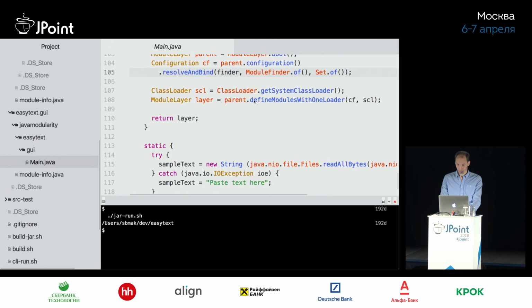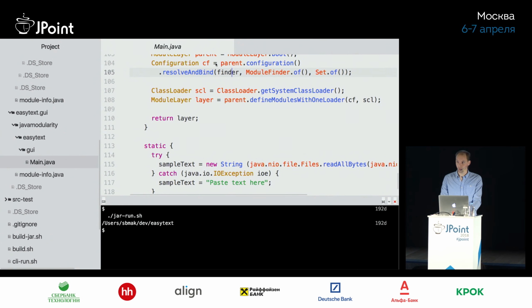And for that, we use the defineModulesWithOneLoader method, and we pass in our configuration that we created, but we also need to pass in a class loader. And what happens is that with this method, a new class loader gets created that delegates to, in this case, the system class loader. And this new class loader is used to load all classes from the modules that are in our configuration.